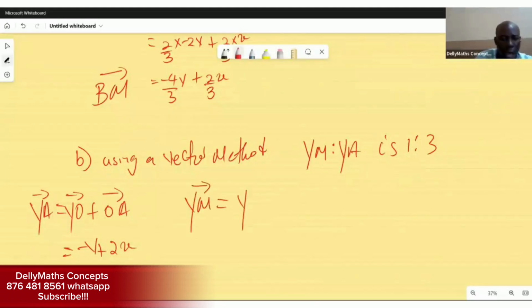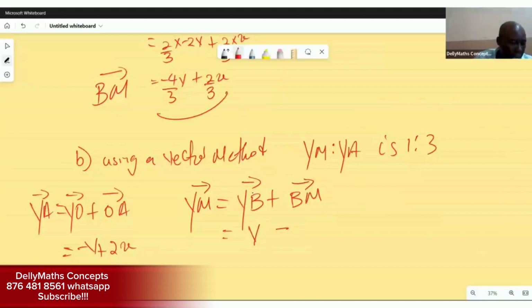YM is to move from Y to B, plus I want to move from B to M. Now, Y to B is V. And then I know what BM is. We just did BM right there. So BM is minus 4/3 V plus 2/3 U.